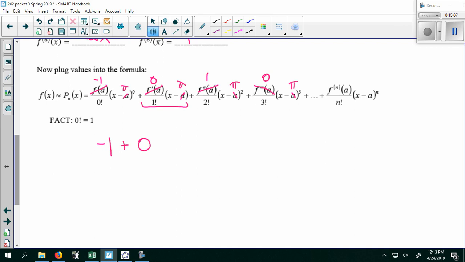And then my next term, I have 1 over 2 factorial times x minus pi squared. The next term is 0. My next term is going to be the fourth derivative at pi, which is -1.